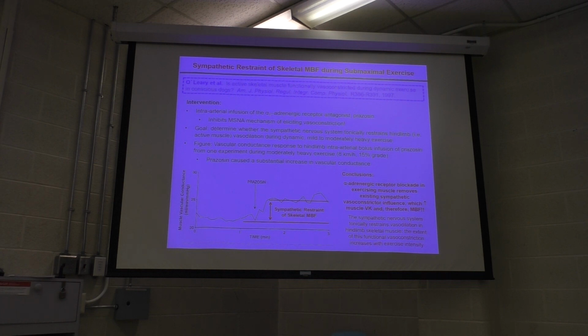But even in the exercising muscle, it increases conductance and blood flow, which means that the sympathetic nervous system restrains vasodilation in the exercising muscle, and the extent of that increases with intensity. So you really need those local vasodilating factors in order to increase your muscle blood flow. But again, it's a protective mechanism to make sure that you maintain blood pressure.